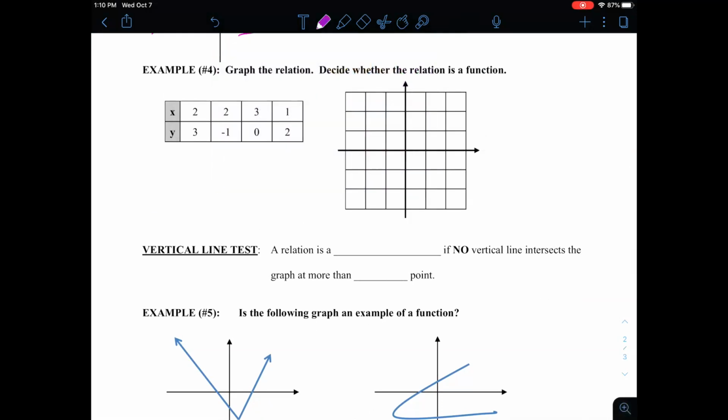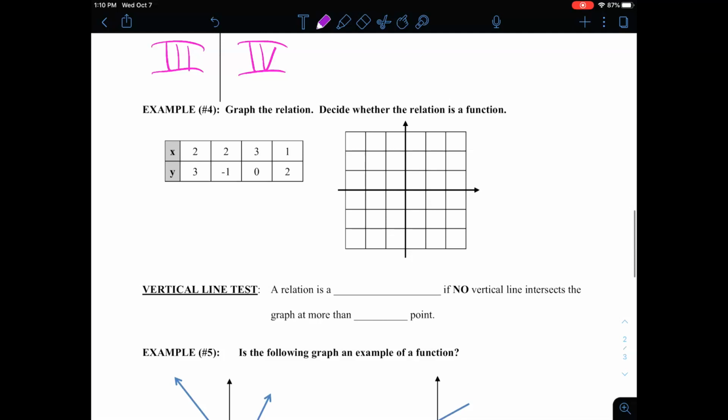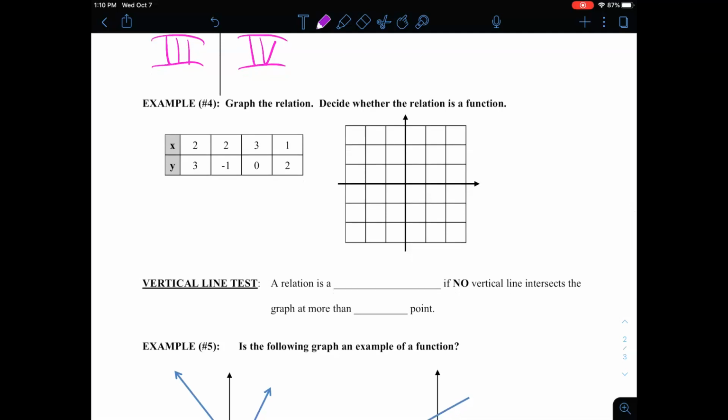Okay, graph the relation. Decide whether the relation is a function. Okay, so we're going to graph 2, 3. So we're graphing points on a line. So we need to go left or right for x and then up or down for y. So if we have a positive 2 for x, we're going to go left 2 or right 2. We're going to go right 2. And if we have a positive 3, we're going to go up 3 or down 3.